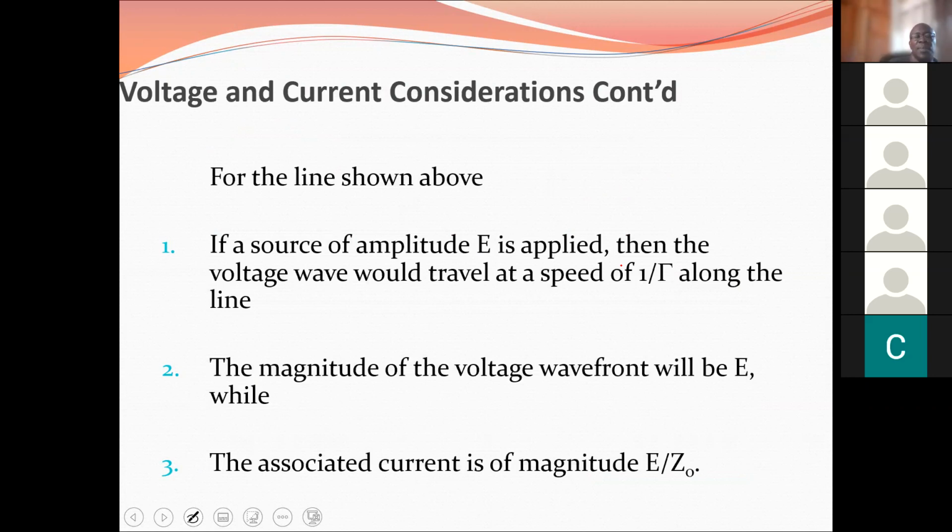The source of amplitude E is applied, then the voltage wave would travel at a speed of 1 over gamma along the line. So E would travel at that speed along the entire length of the line, and that magnitude will not be reduced. So it will remain E for the entire line.